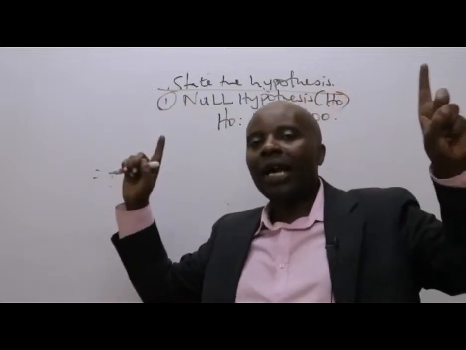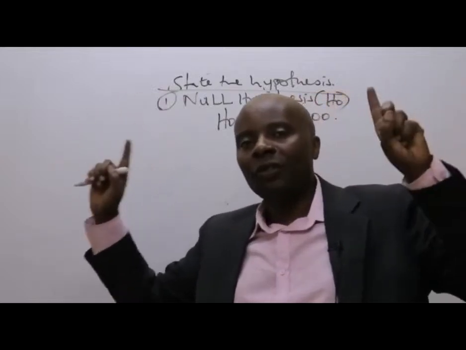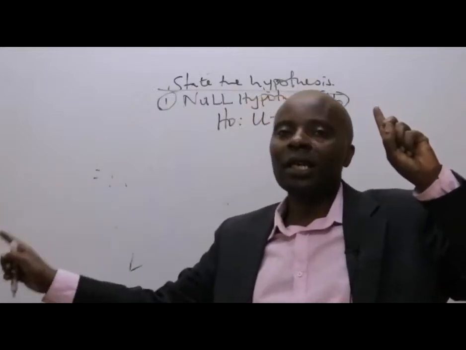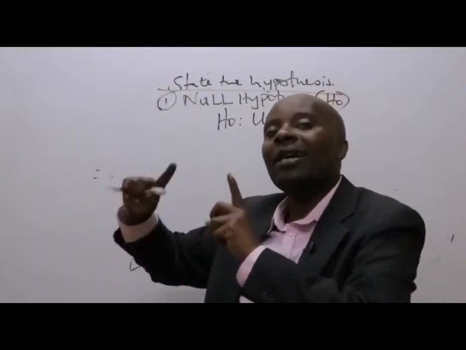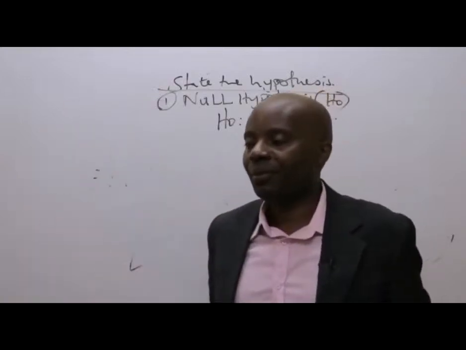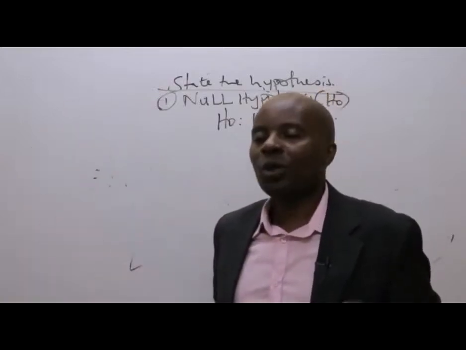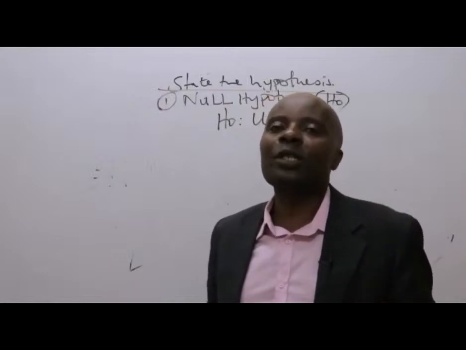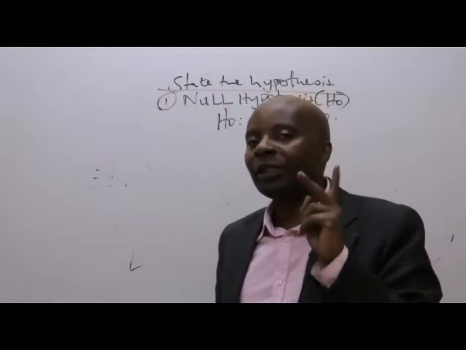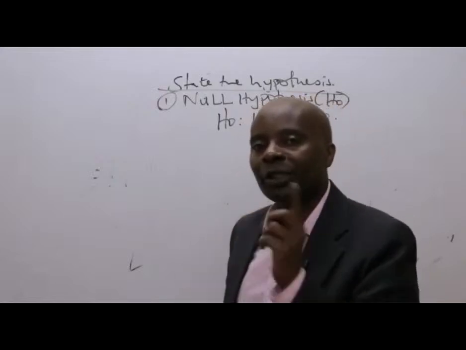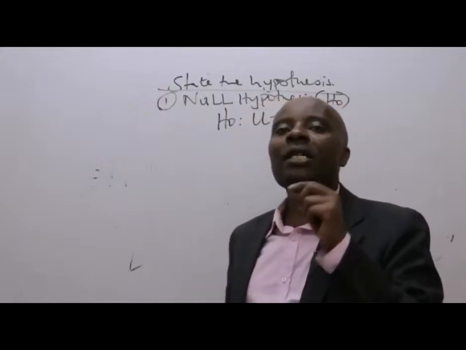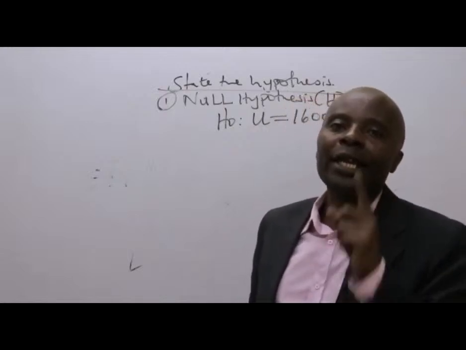But you and I know that there is a possibility of this bulb either taking a lower duration or a higher duration. So here we shall be carrying out a 2-tails hypothesis test, because our null hypothesis does not specify a direction.